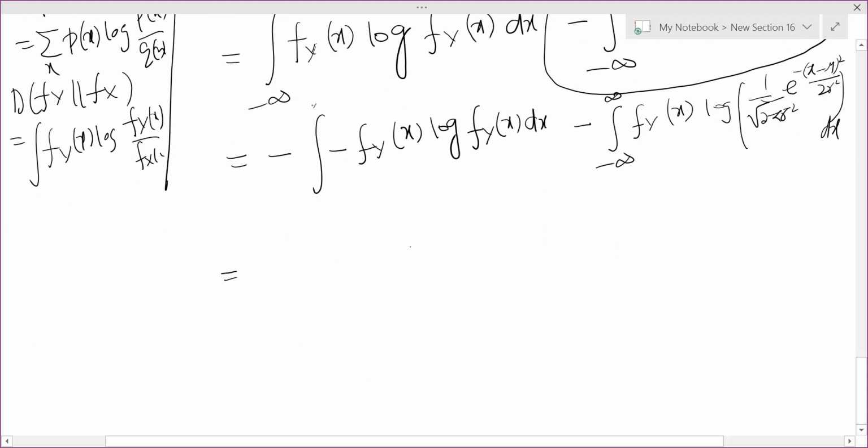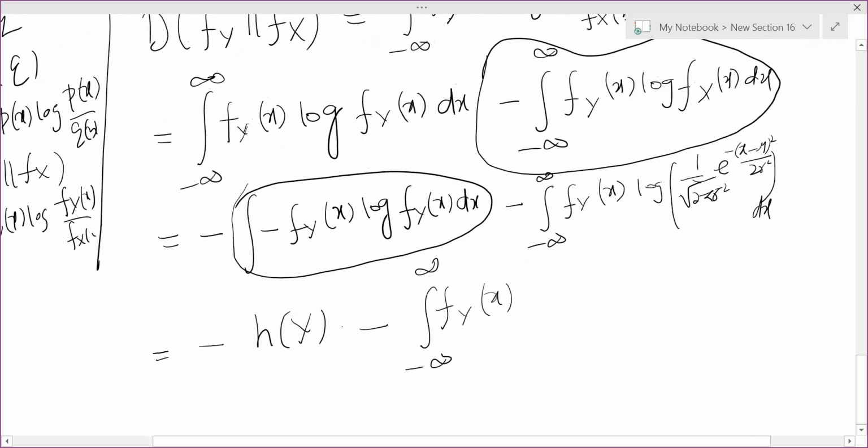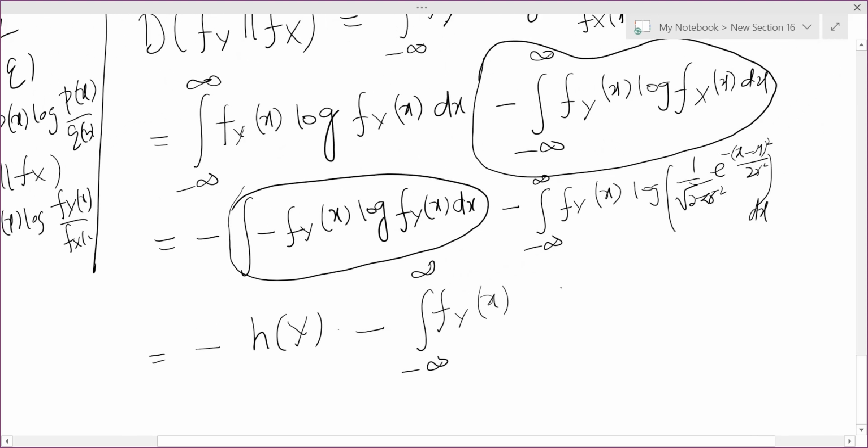So now what will this be? This is indeed minus h of y, the entropy of y, right? And let's now see the right hand side: minus integral fy of x, and it is now log of 1 over under root 2 pi sigma square minus (x minus mu) square divided by 2 sigma square.